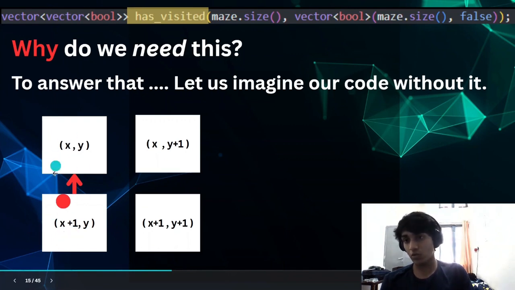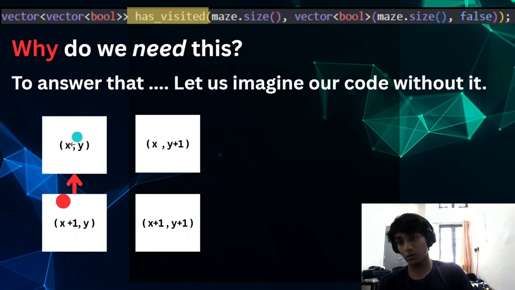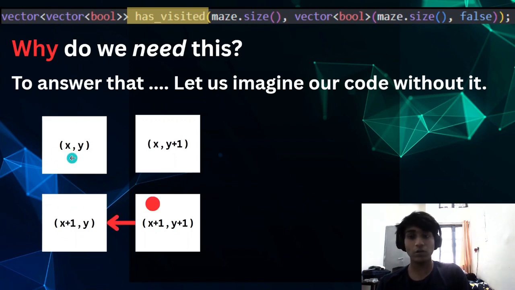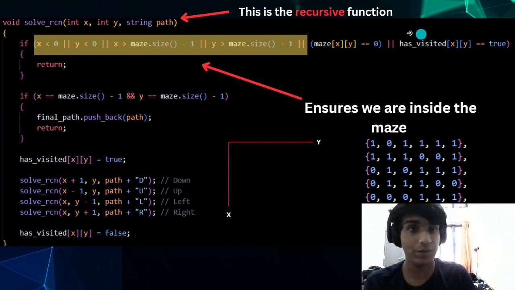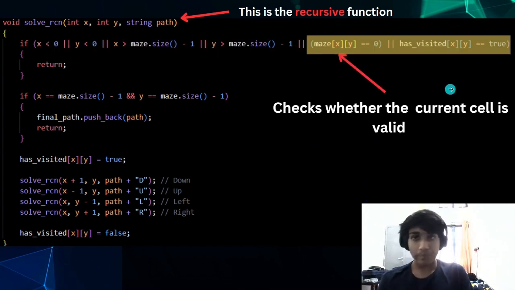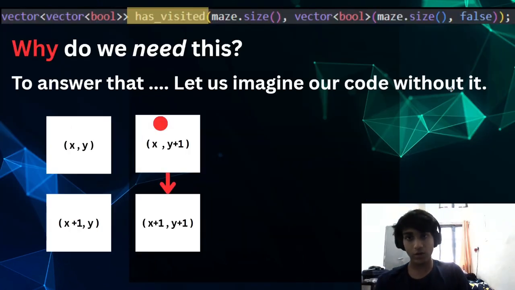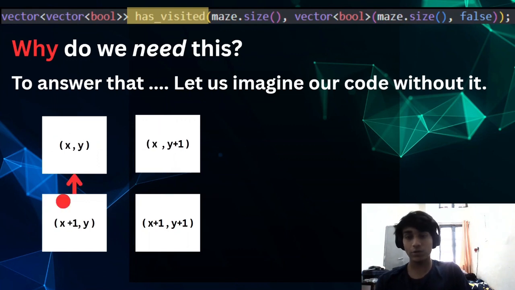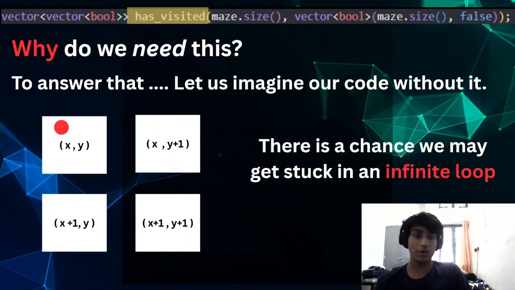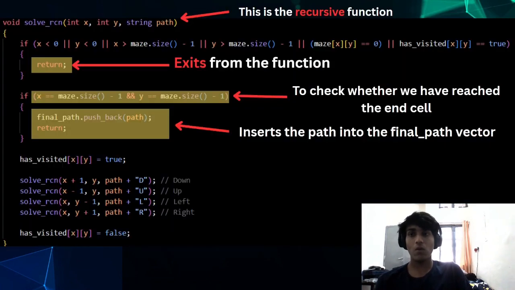Now, if you try to move to this cell, but this cell is already marked true, a move to this cell will not be valid because of this if condition, this part. And hence we would be able to solve this problem of infinite loops.